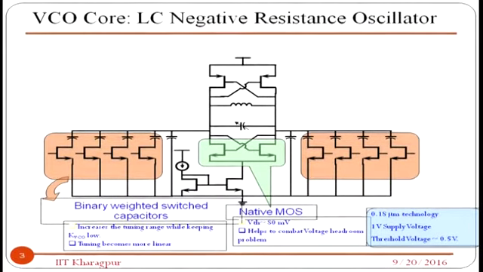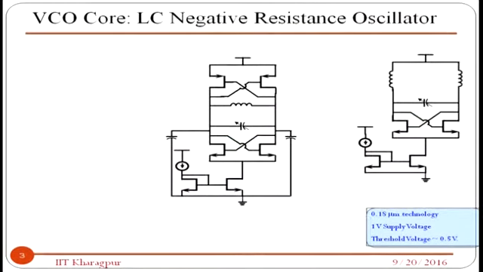So from 390 megahertz per volt I am going to 5 or 10 megahertz per volt using those band select capacitors. In that case your KVCO is much less, so your noise contribution will be much less. That is why you use the binary weighted capacitor bank to implement the VCO.